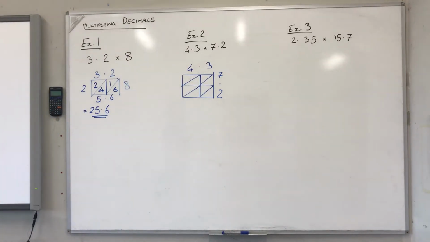Now in the last example, I just went straight down through the grid. But I'm not going to do that this time. What I'm going to do is find where the lines that the decimal points are at meet.